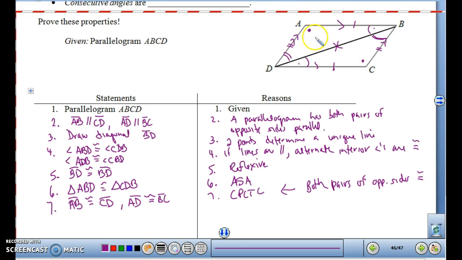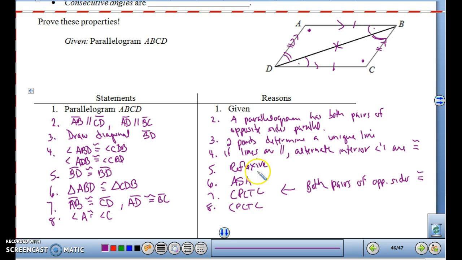Yeah. Aren't they corresponding parts again? So I can say that angle A is congruent to angle C by CPCTC, because that's part of the congruent triangles. Okay, now the other pair of angles would be the whole angle B and the whole angle D, which would be ABC and CDA.